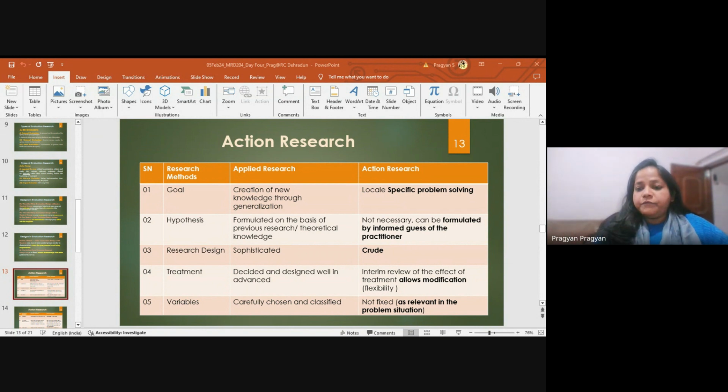So this is a kind of structured tool. With the help of that structured set of questions, you can compare whether there is any difference, because in the beginning you are asking them the same set of questions.